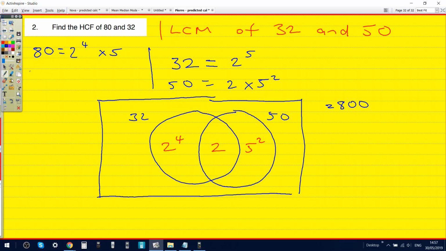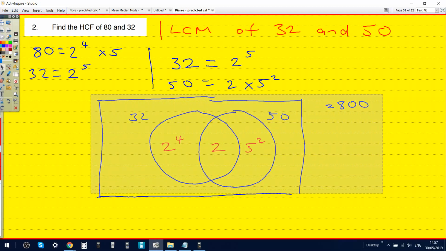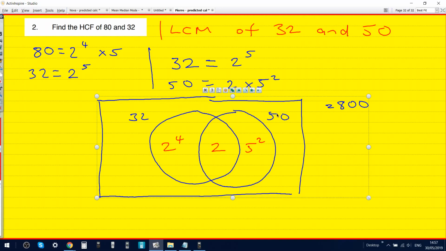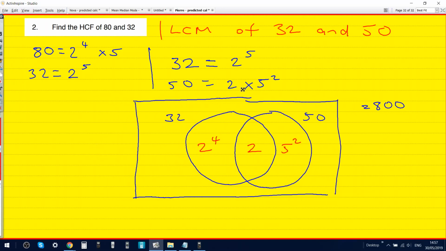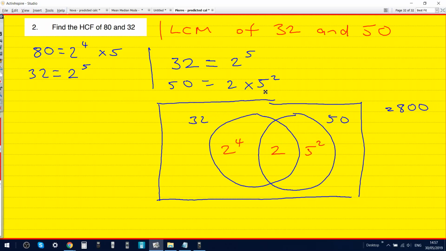For 32, it's the same. So the highest common factor is going to be 2 to the power of 4. Would that be the answer? Yeah. Oh, okay. So the highest common factor is basically the thing that goes in the middle.